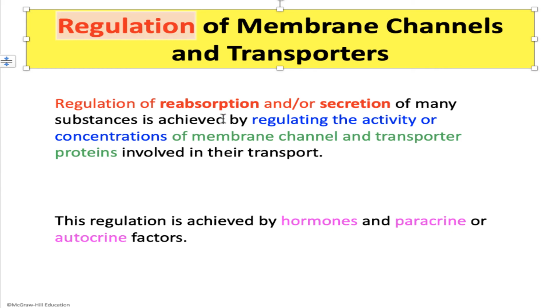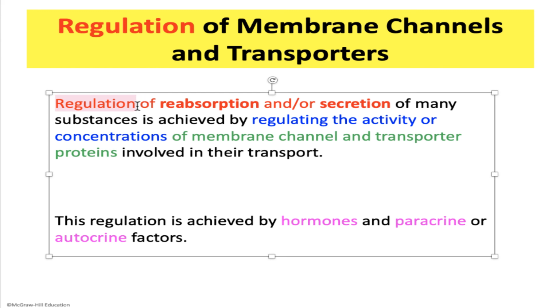But the second half of the loop of Henle can be more regulated by hormones and other factors in the general circulation. So reabsorption and secretion take place through transporters and membrane channel proteins, and they can be turned on and off depending on the needs of the body.